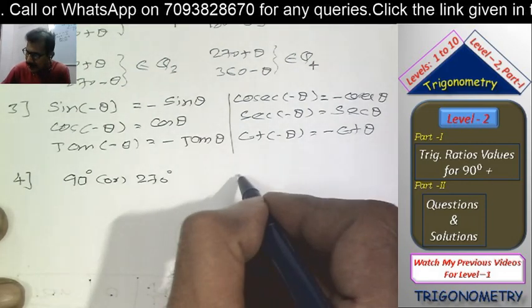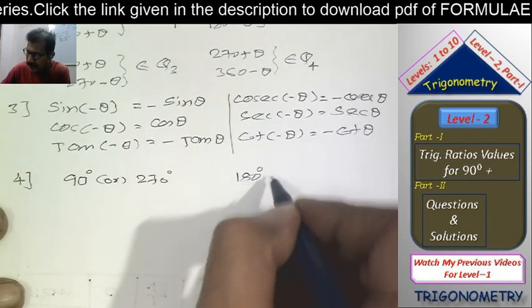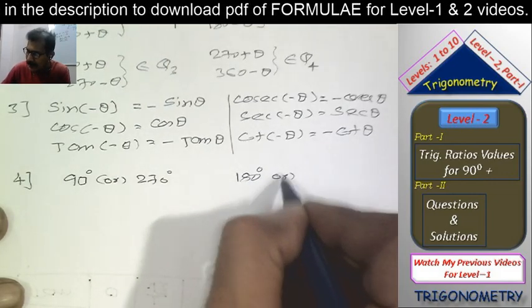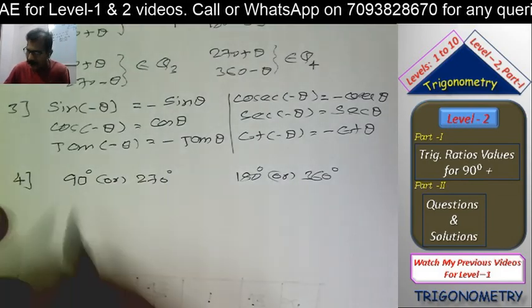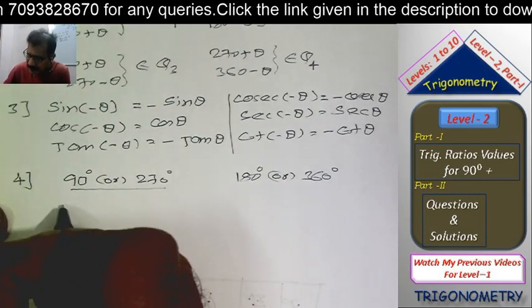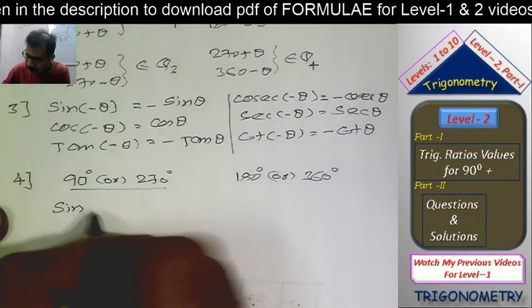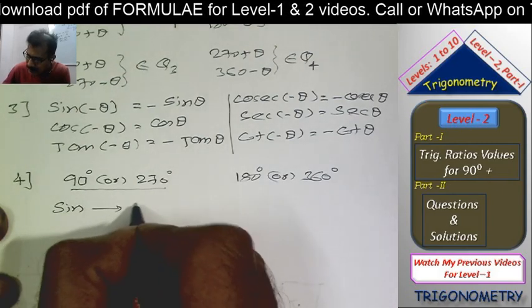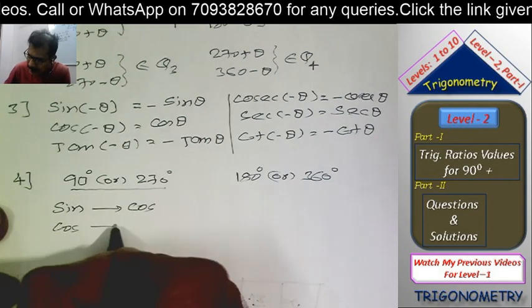And the second set, let me take, is 180 degrees or 360 degrees. Whenever the angle is 90 degrees or 270 degrees, the ratios will change like this. Sine changes into cos, cos changes into sine.